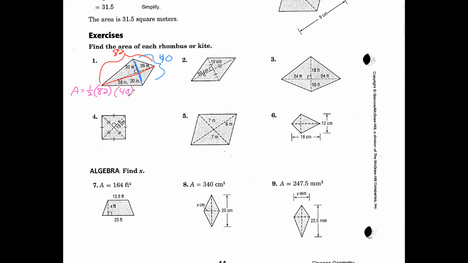Like that. Doesn't matter the order that you multiply them in either. I probably do 1/2 of 40, and that gives me 20, and then that's easier to multiply by 82. So that's 1640. All my original values were in inches, so this is inches squared.